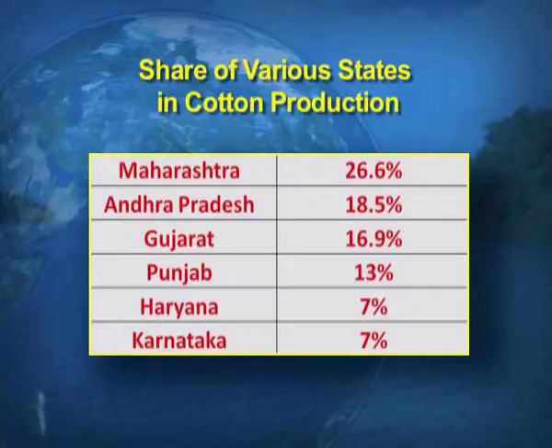Now, on your screens, you can see a visual which tells you about the percentage share of the various states in production. The leading producer is Maharashtra with 26%, Andhra with around 18%, Gujarat with around 17%, followed by Punjab 13% and Haryana and Karnataka each 7% of the total produce.